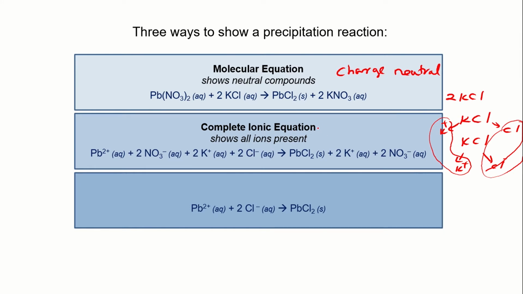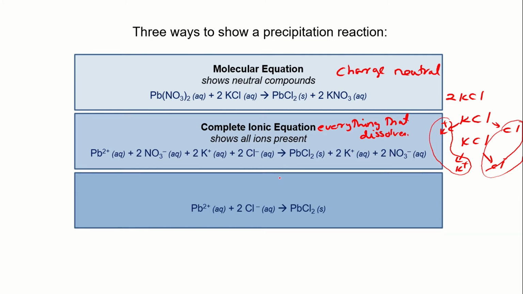Everything that dissolves. And then you have potassium nitrate. You know potassium nitrate is going to dissolve. Again, you have 2 of them, so you have 2 potassium pluses and 2 nitrates.